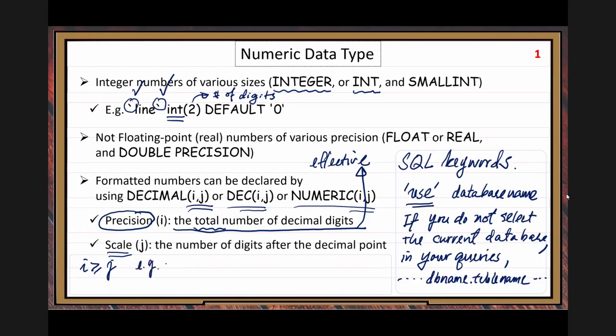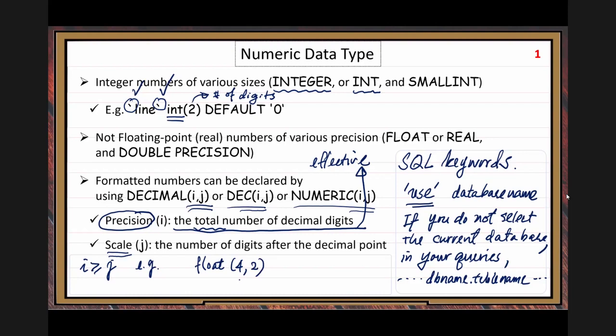When we declare float, you may like to use this way also. It's very common when people declare a float data type (4, 2). What's the meaning of this float data type? Total digits up to 4.